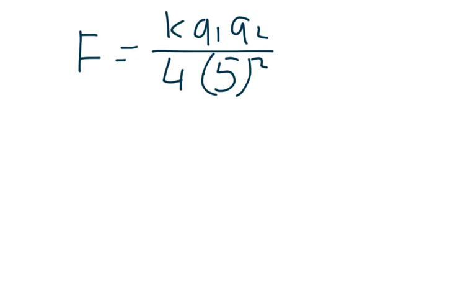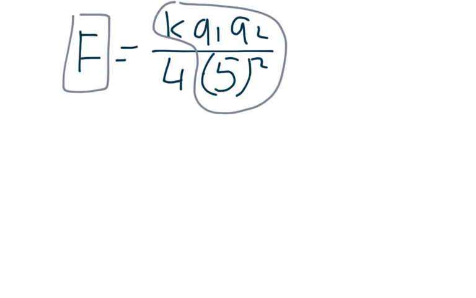We're going to keep this like this, and again I just want to show you this is our initial force. If the whole thing is divided by 4, that means the force will be 4 times smaller, right?